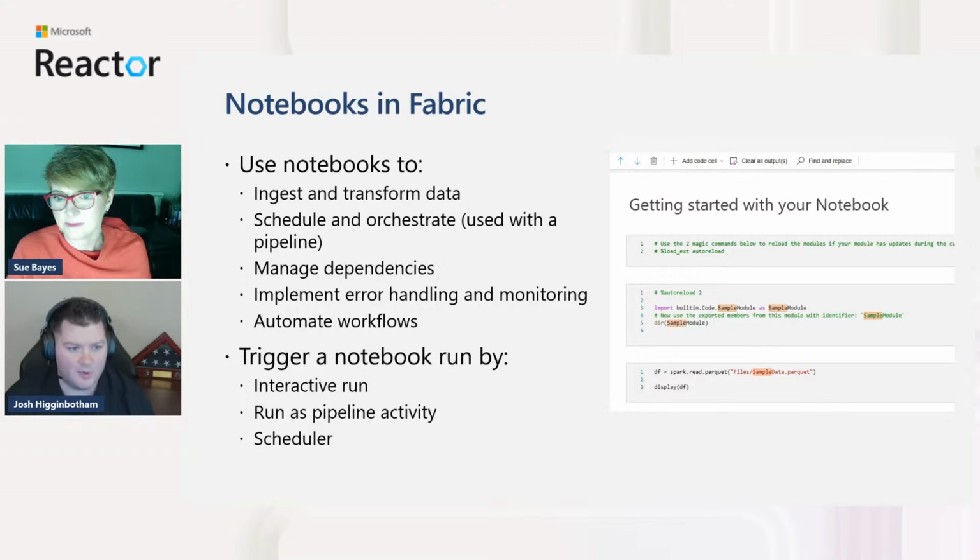Like in this example, you're seeing where we're bringing in data from a Parquet file. That Parquet file could be sitting out in ADLS. That could be a file that is shortcutted into our Lakehouse, which is kind of what you're seeing here with that being under the files folder. What we're doing though is we're bringing that data into what we call a data frame within PySpark, which really all that is, is an in-memory table.